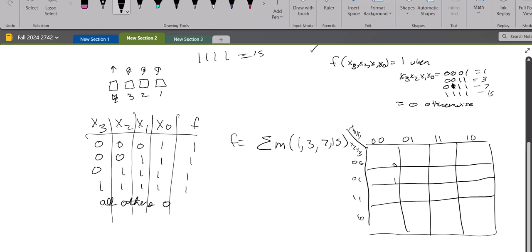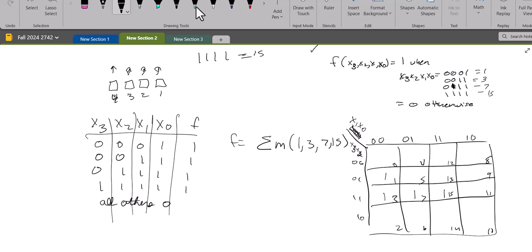So you could do a K-map. I think I did it wrong when I was in the session today, so it would be something to check on.